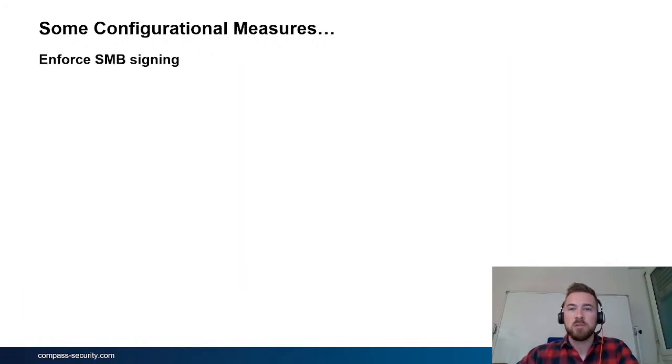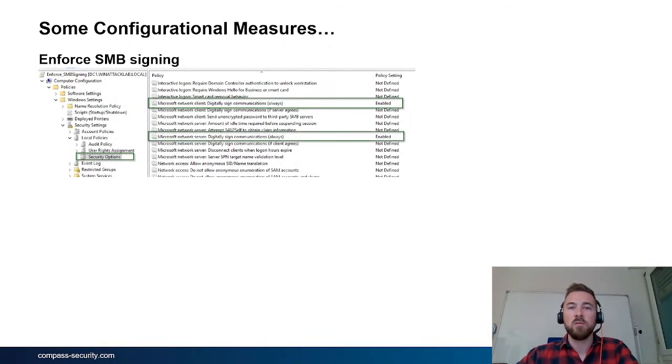You should enforce SMB signing on your network, because many attacks nowadays are based on, for example, relaying attacks or all kinds of different connection-based attacks, where, as we could see in the beginning, you just listen for ongoing authenticated connections, and you can do that with group policies.